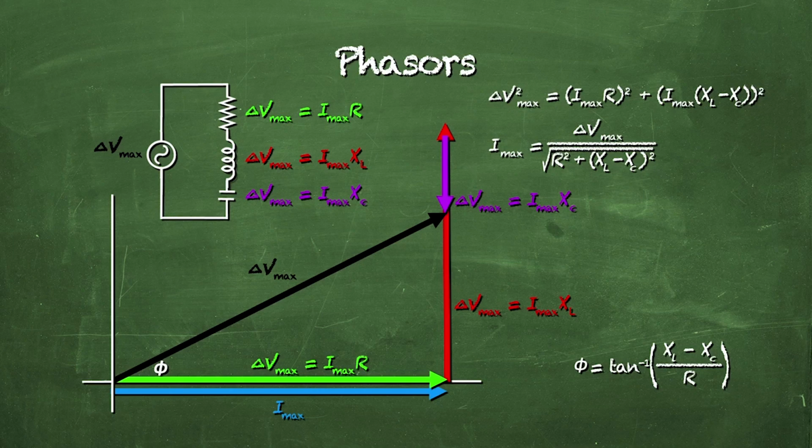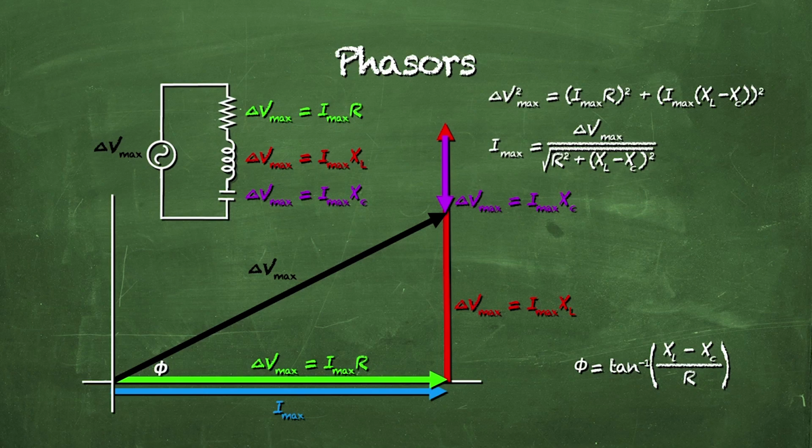We have I max times X sub L along the positive y-axis because the voltage through the inductor is positive 90 degrees out of phase with the current. And then we have to subtract off I max times X sub C because the current in the capacitor is minus 90 degrees out of phase with the voltage.